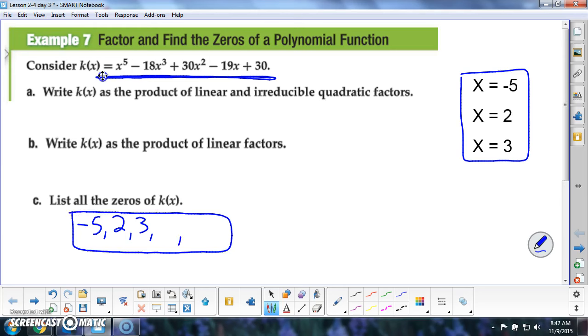Now, to find the other 2 zeros that we're missing, we're going to use synthetic division with each of these zeros, and that's going to help us find the remaining 2 zeros. It doesn't matter which number we start with. I'm just going to start with 3. I'm going to do synthetic division. Now notice we're missing an x to the 4th term, so I have to put a 0 there.